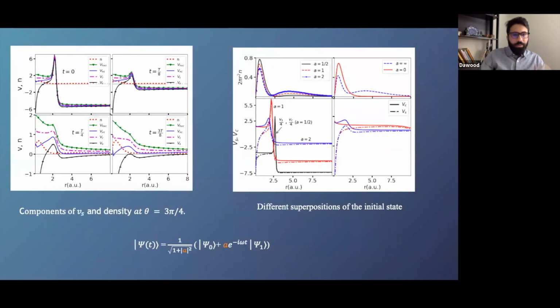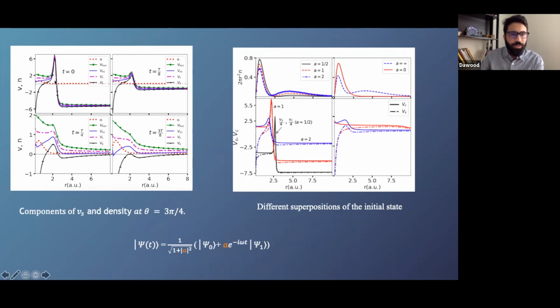Moving on, if we look at a particular theta, here is a snapshot of these components of Vs: VH, Hartree exchange, then VXC, exchange correlation, and then correlation. We can see that in the region where the density is mostly localized, VC is almost flat, so the force coming from it is not as much as from the other ones.